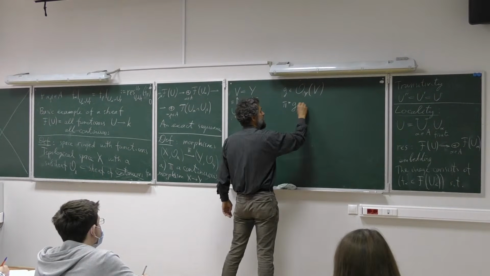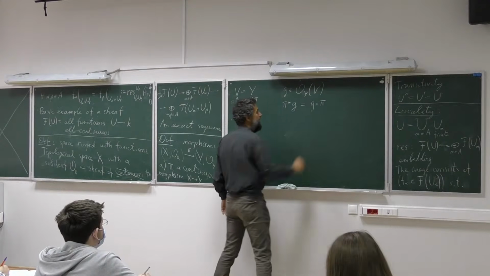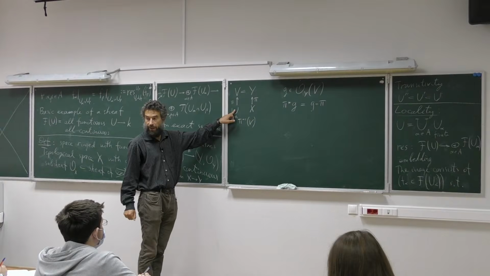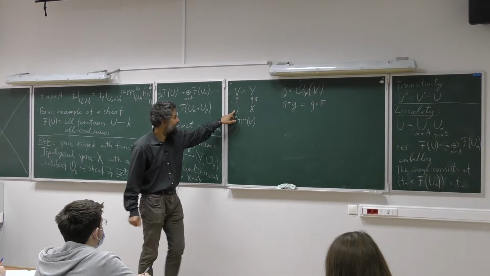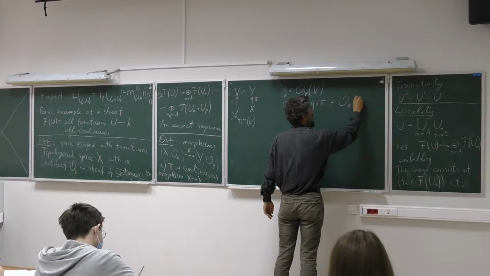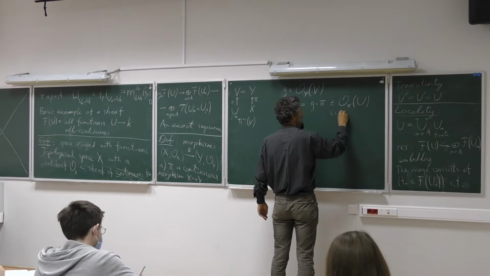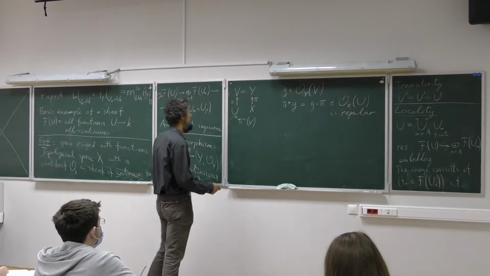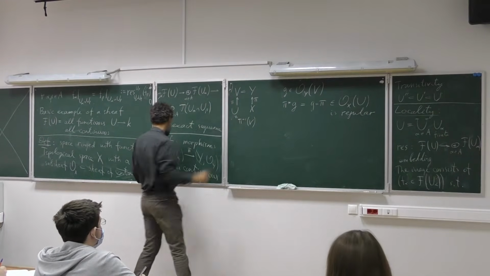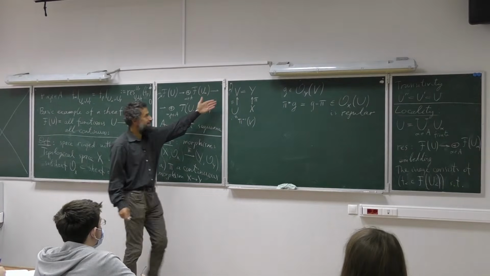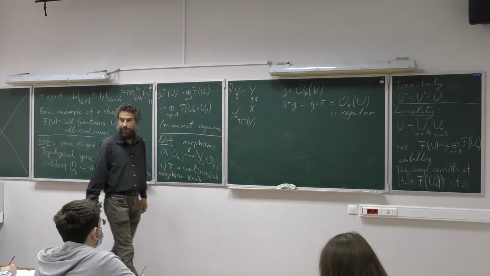It's just the composition of g and pi, and it's a function on U, and we require that this is regular. So there is some data, and some requirement on this data.